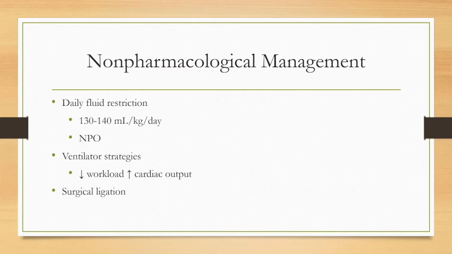And then as well, there has been some mixed practice and some argumentative discussion about NPO with NSAIDs and whether they would increase GI effects or not. And ventilator strategies as well, because they can decrease the workload, increase cardiac output, which thereby would reduce the fluid output into the lungs. And surgical ligation is also another option.